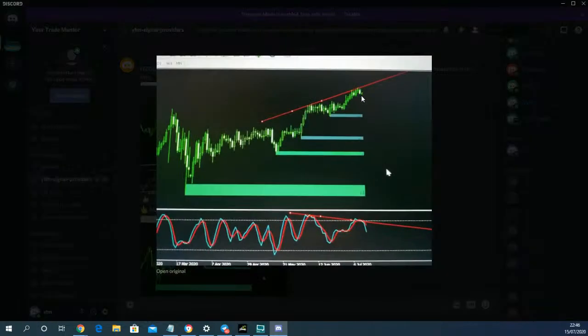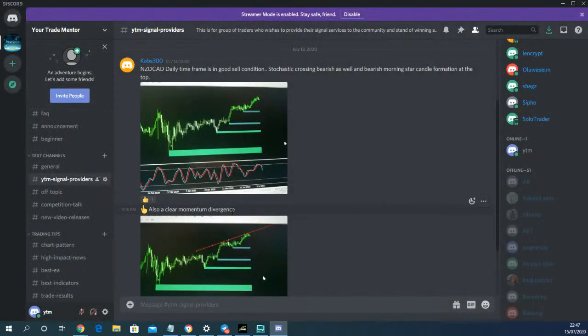Because it's a daily chart, you are looking at the next maybe 15 days, 2 weeks to hit this level. And as you see, it's been confirmed by this double confirmation, stochastic confirmation and this divergence confirmation. Brilliant, good work. I like that. I want to see more of that, man.